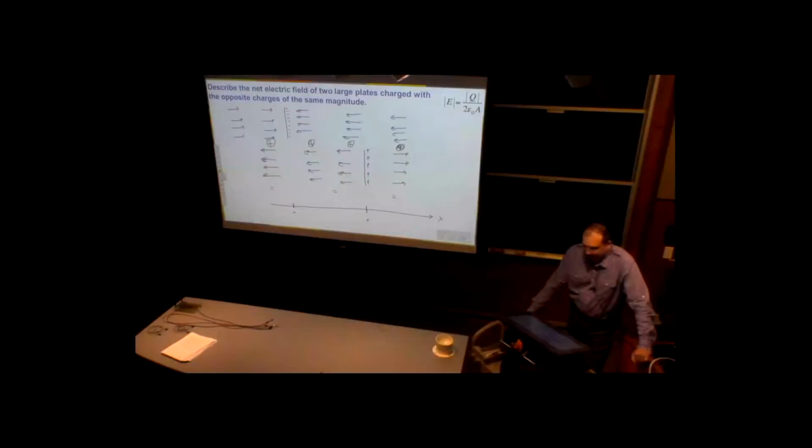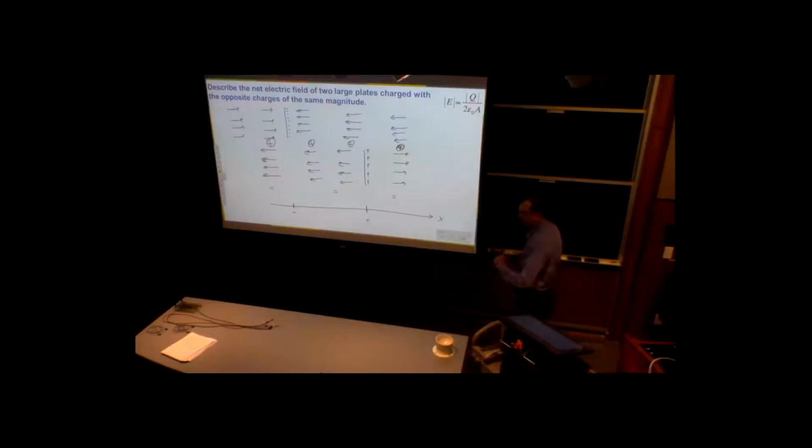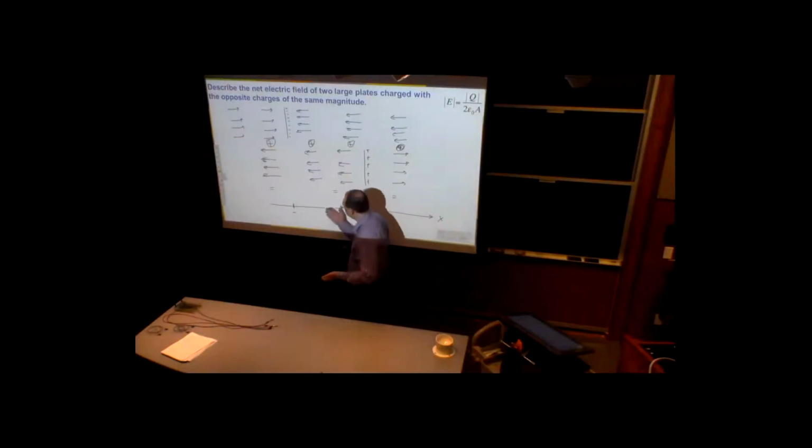So, in the middle, between those plates, first of all, we always have to ask, what choices do we have? For example, here, what possible choices do we have? Well, we may have an arrow which points to the left, but has the same length as this arrow.